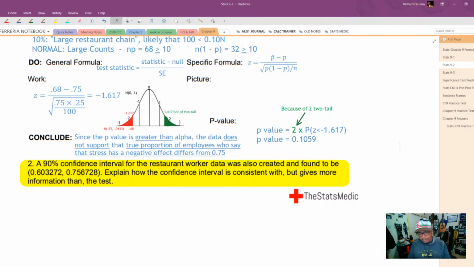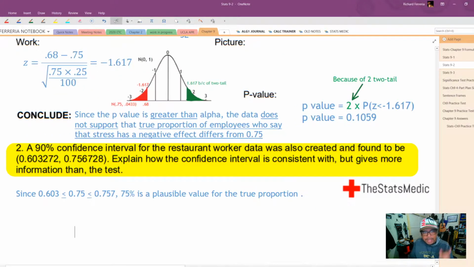So we take a look at our values, and we see that 0.75 is inside this confidence interval. So we're saying that since 0.75 is inside the confidence interval, between 0.603 and 0.757, 75% is a plausible value for the true proportion.